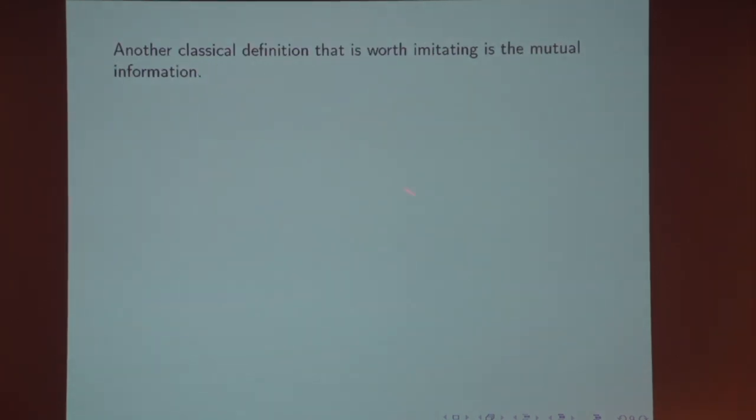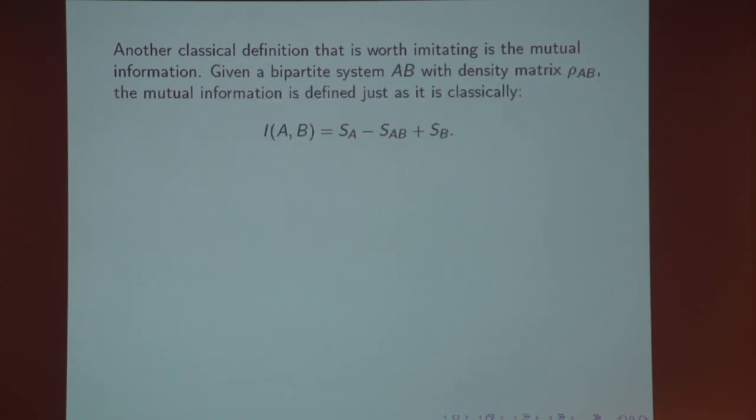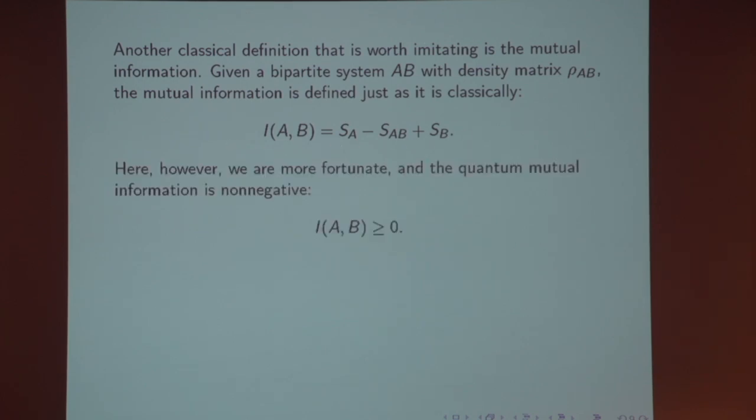We'll see. Another classical definition worth imitating is the mutual information. So given a bipartite system with density matrix rho AB, the mutual information is defined just as it is classically. But here we're more fortunate, and the quantum mutual information is non-negative, just as it is classically.